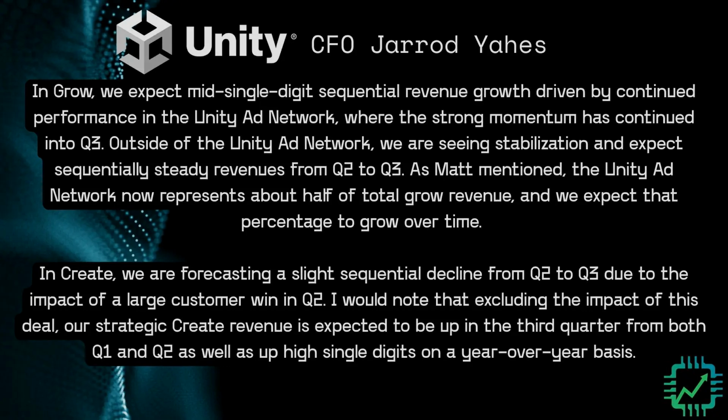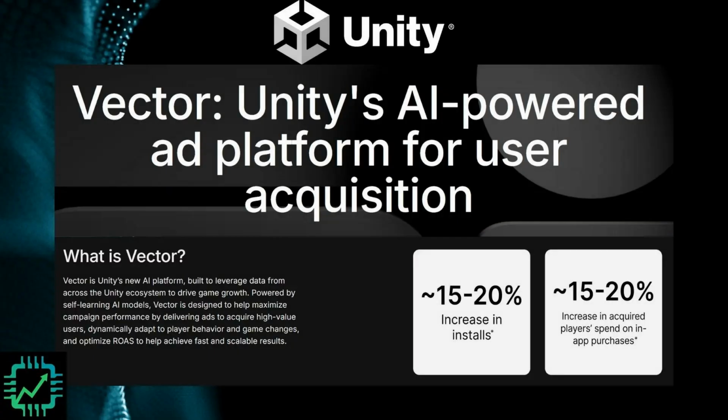And here's why. In February, Unity finally announces this new AI-powered advertising platform that makes up now the bulk of their Unity ad network. And they've called it Vector. So that's cute. A little AI joke for those of you that work in the industry.